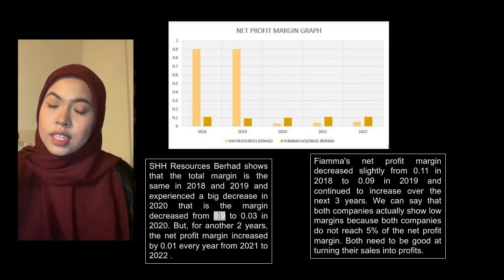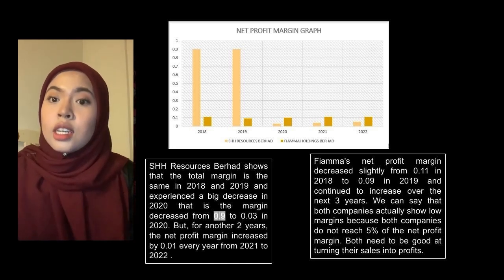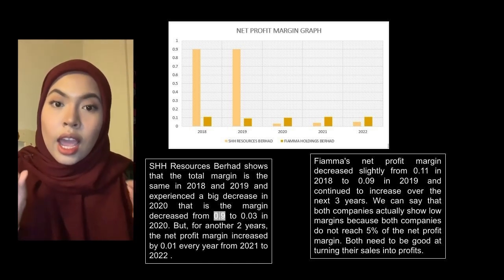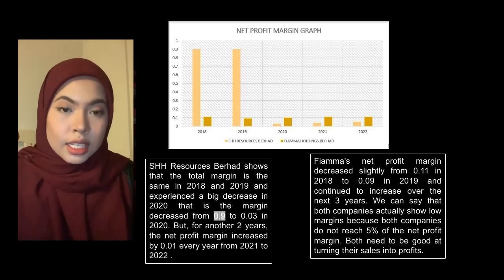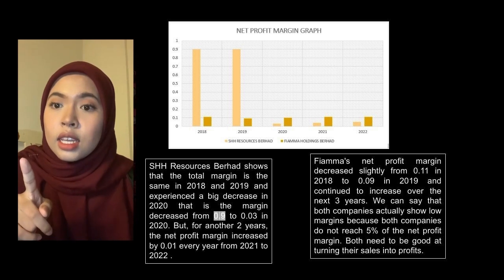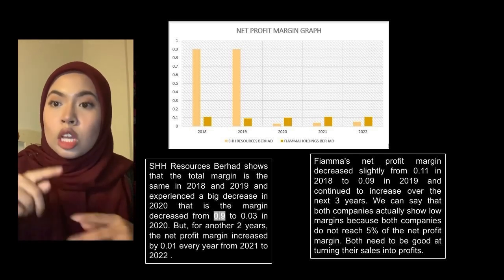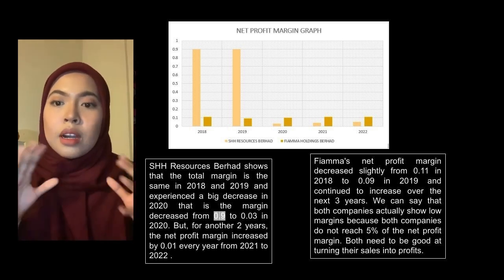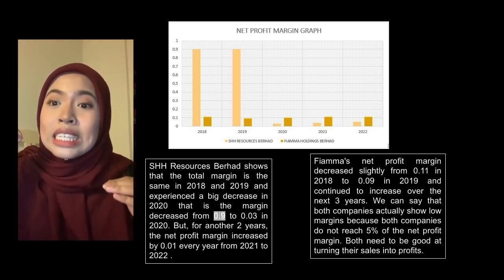Here is the graph chart analysis for net profit margin. SHH Resources Berhad shows that the margin is the same in 2018 and 2019 and experienced a big decrease in 2020, from 0.9 to 0.03.